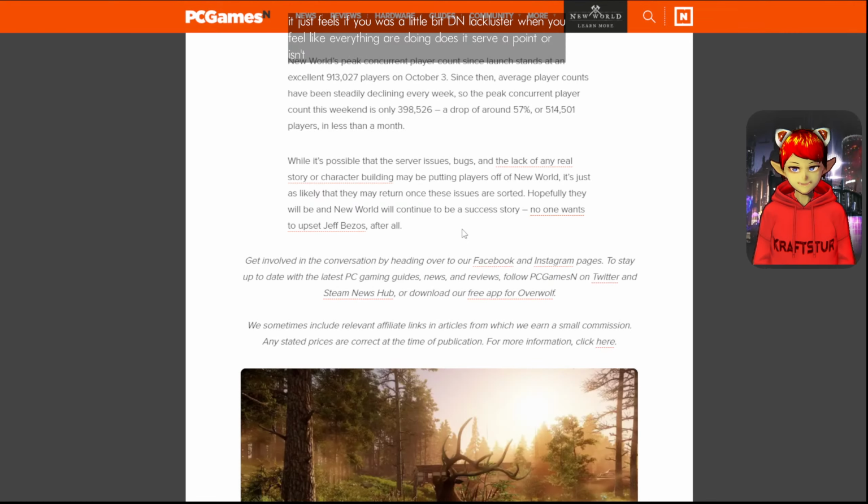Stories in MMOs don't have to be expansive, overarching, epic grand tales, but there should be progression from level 1 to the top level, where through those sections you feel like there is something you are working towards with a purpose. And when you have that, it makes you feel connected to the world.